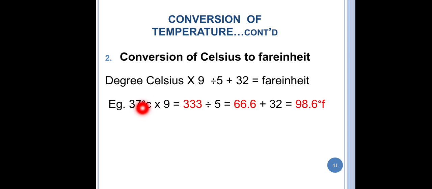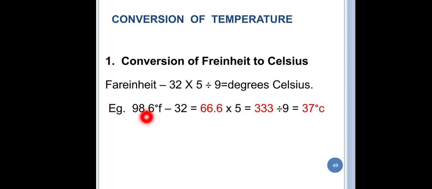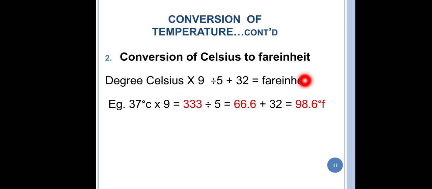So if you have the same 37 we found, you multiply by 9, which gives you 333. Then you divide by 5, which gives you 66.6, and then you add 32. We have returned to the same 98.6 we had. This is a simple way we convert temperature.